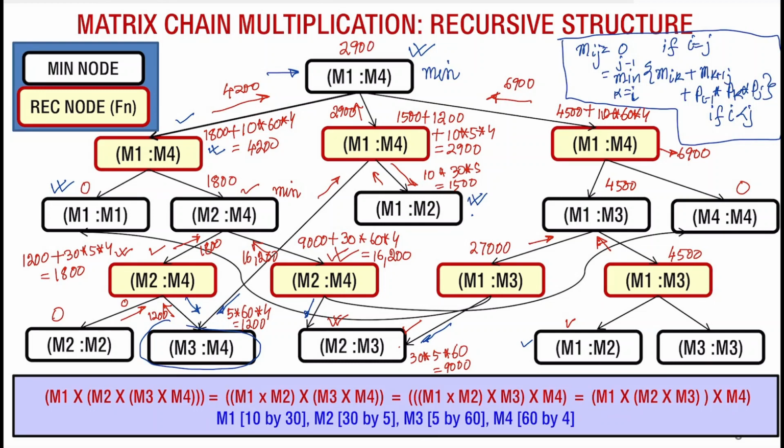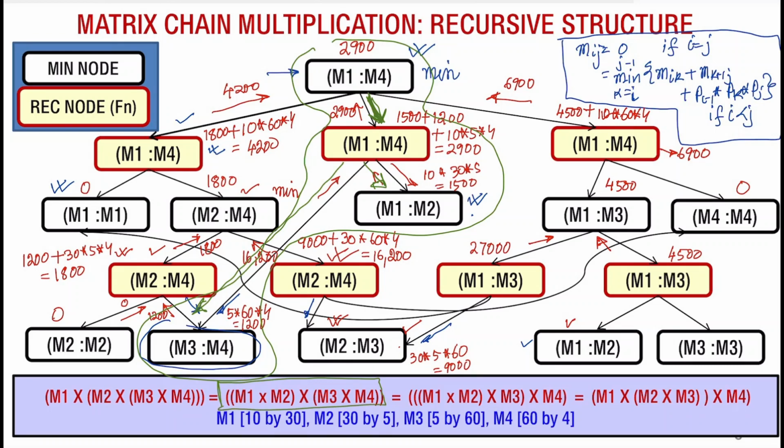And once we know that the final result is 2,900, the actual path is this one. This one has got these two sub-problems, and therefore we know that the optimal multiplication sequence is this combination, and this combination means this combination.